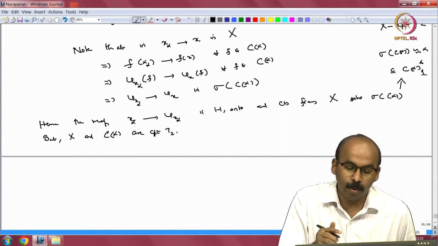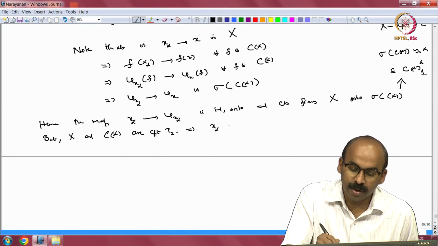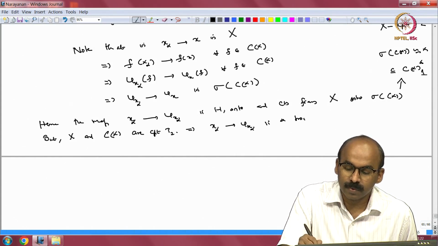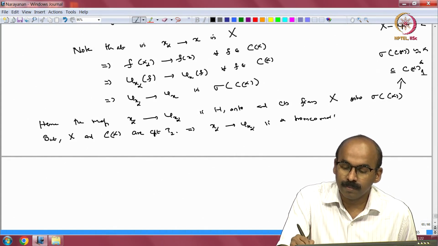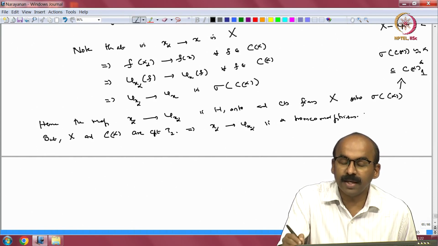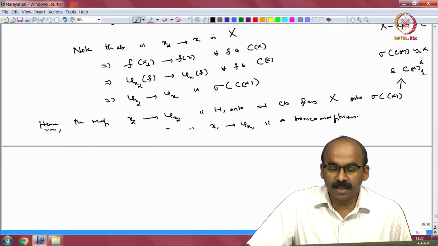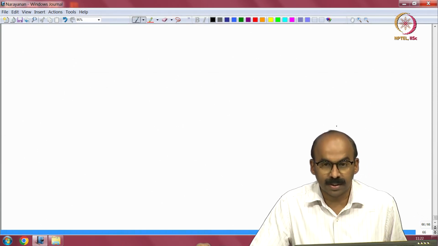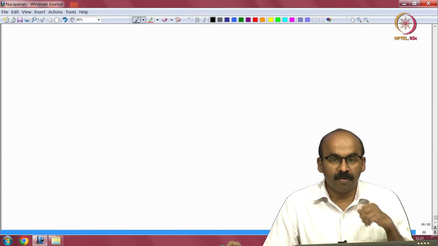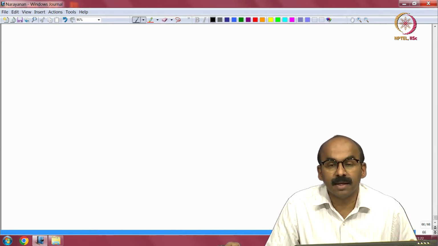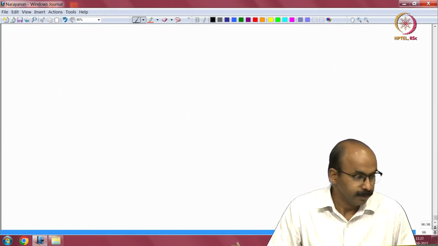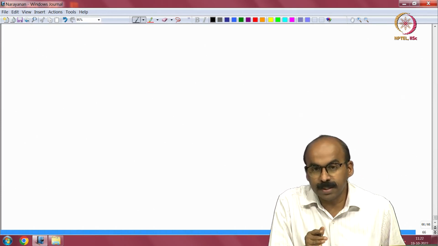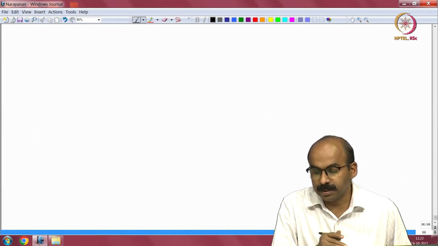So this map has to be a homeomorphism. That identifies the space X and the maximal ideal space, or the multiplicative linear functionals on C of X, completely. After this identification the Gelfand transform is simply the identity. We will see that the Gelfand transform is an extremely nice map, and this will happen for all C-star algebras.